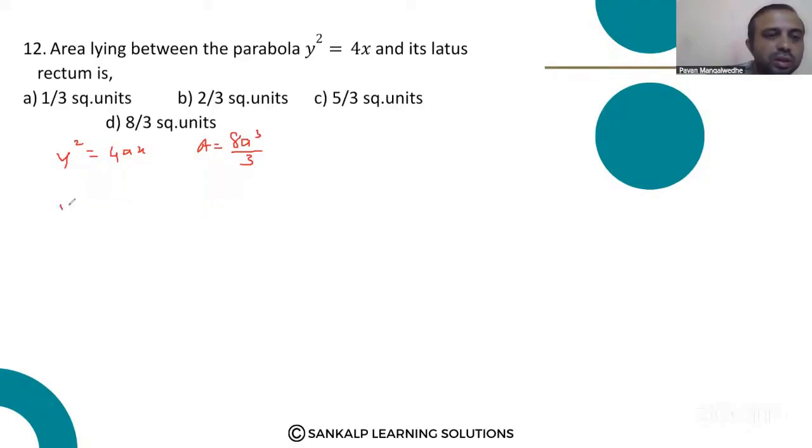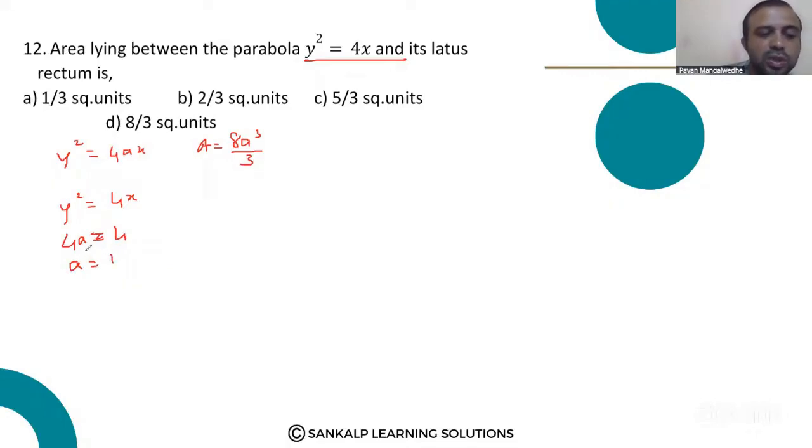It is given that y square is equal to 4x. Comparing this with 4ax, 4a is equal to 4, which means that a is equal to 1.